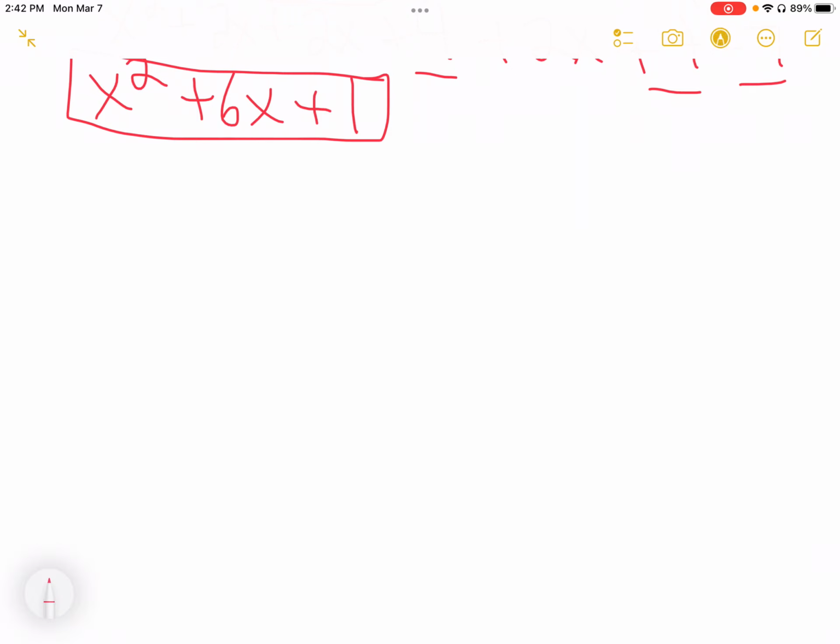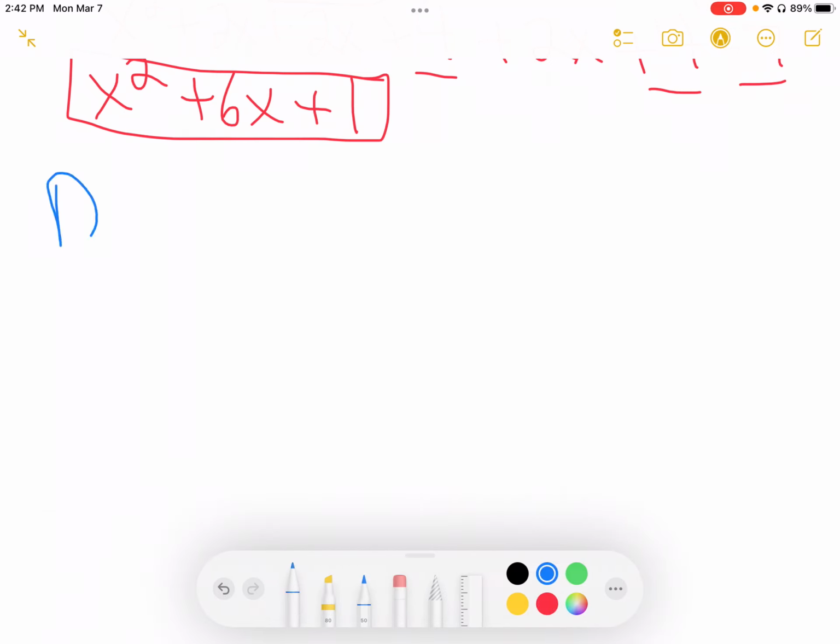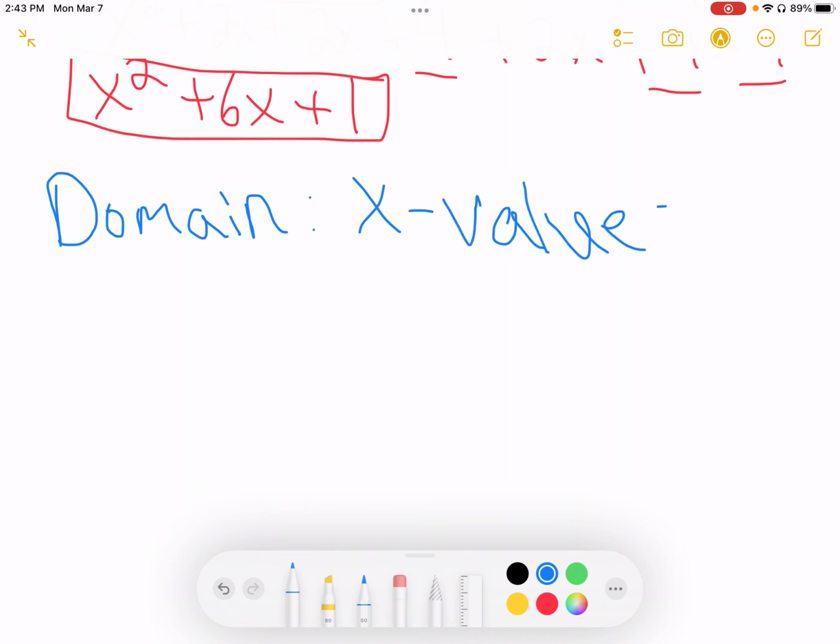So change my color here. If we're going to define a domain, I would just say that it relates to x values, and you could say even of a function.